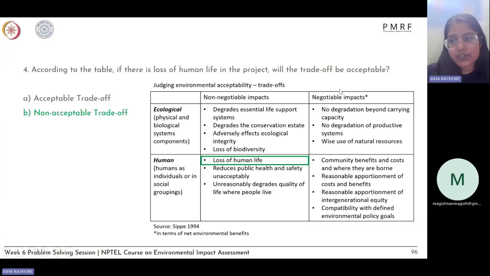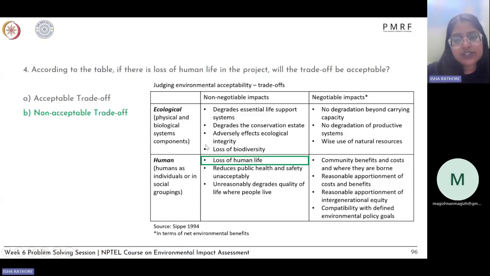So this is what negotiable and non-negotiable impacts are from. Negotiable impacts lead to trade-offs. That is, this impact can be negotiated if there's a certain mitigation measure associated with it, but non-negotiable impacts cannot be accepted even with trade-offs if it leads to, let's say, loss of life, loss of biodiversity.